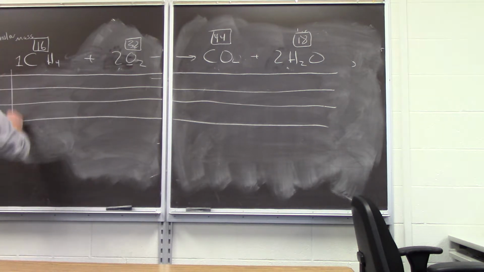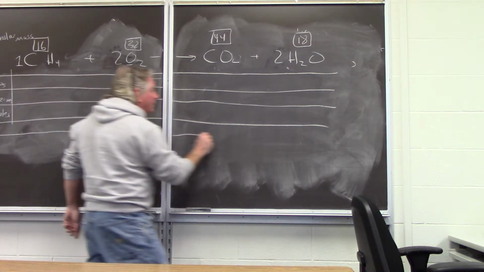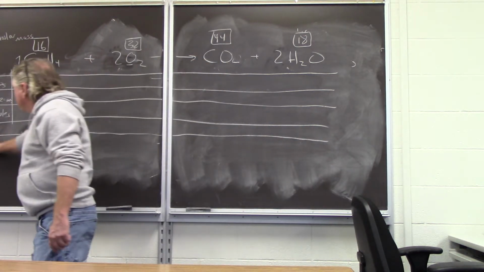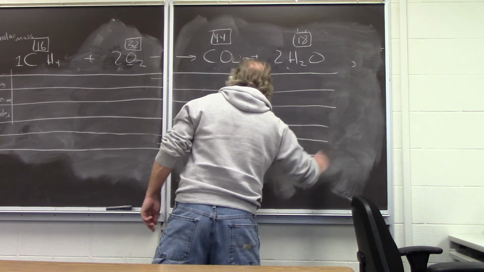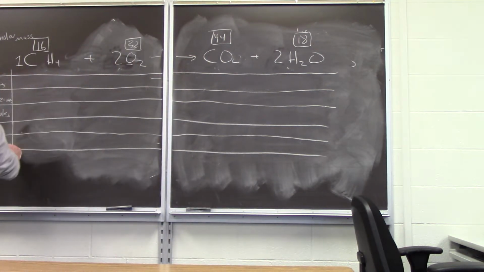Here's my first one: recipes, moles, recipes, and moles. My other triangle, the molar mass, incorporates this one here, so I'm just going to add 2 more rows. So I have my recipe triangle and my molar mass triangle.